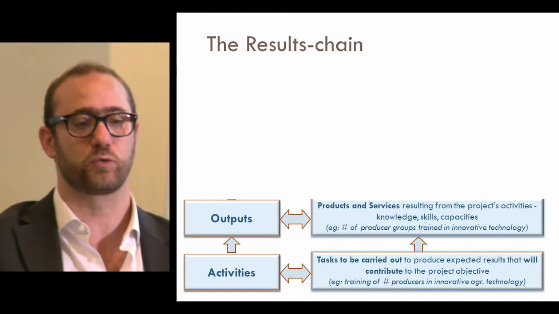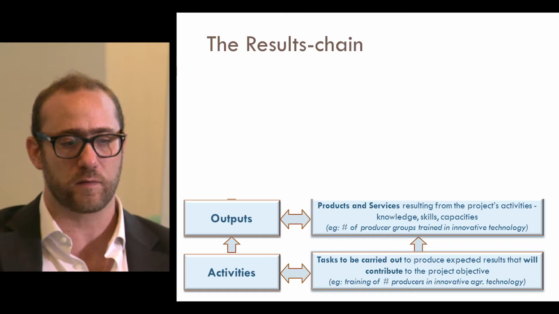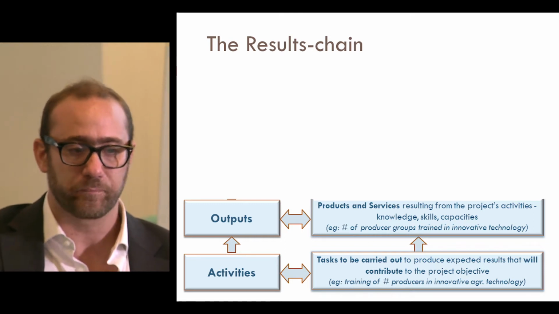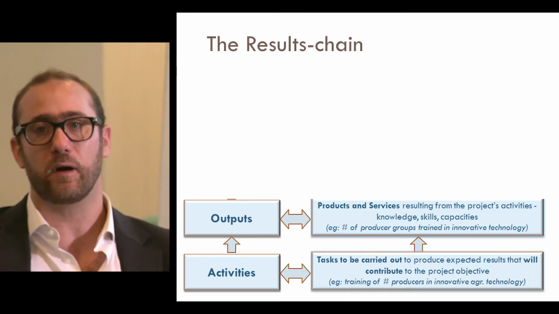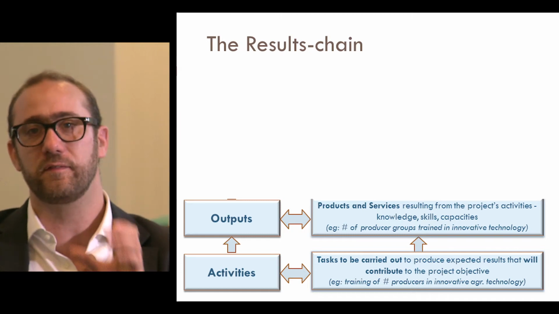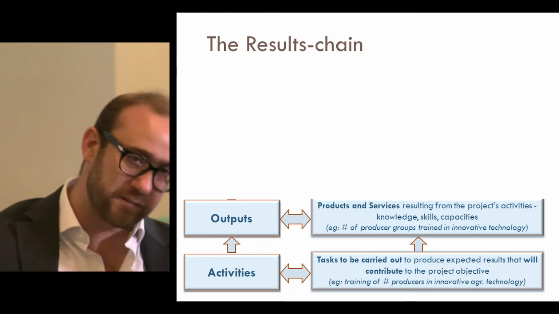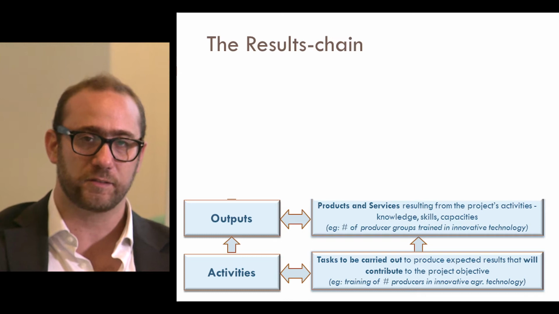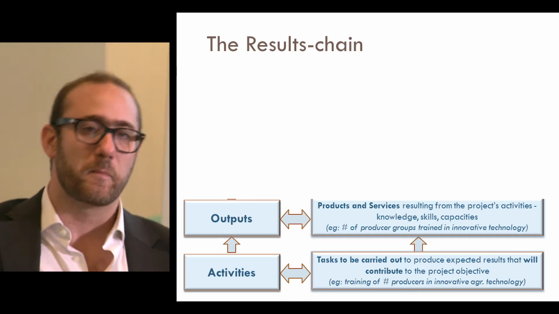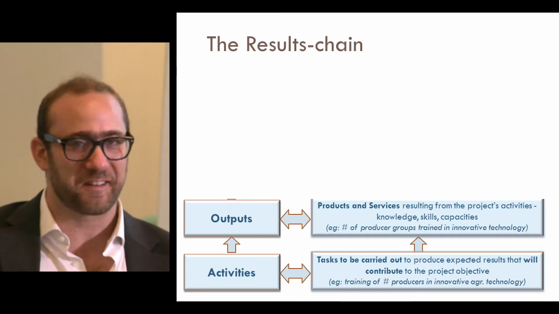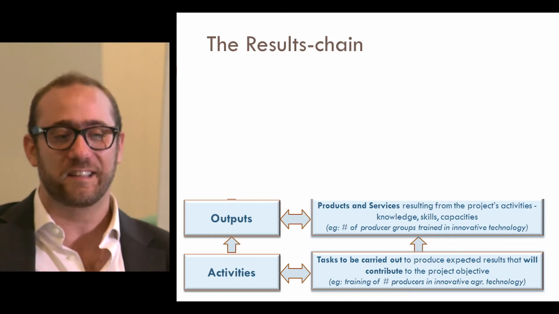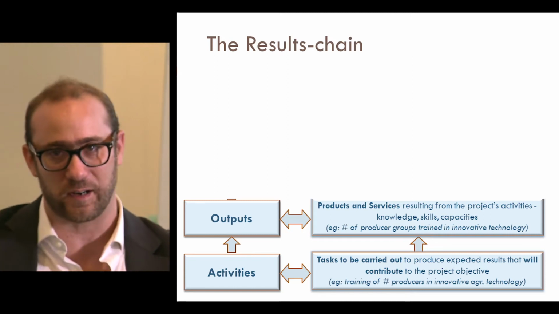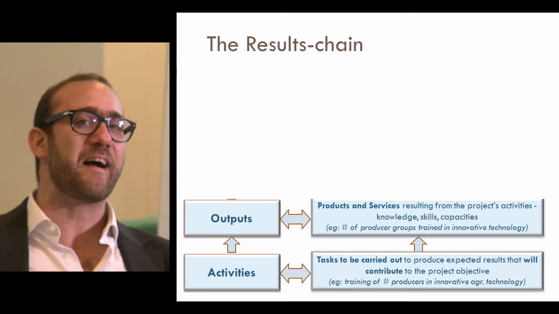If our activity is to train producers in an innovative agricultural technology, our output is the number of producers that receive the training. Is this a result already for us? Yes and no. Yeah, I've seen different faces. It is a result in the sense that it is a result of our activity, but it's not yet the final result.